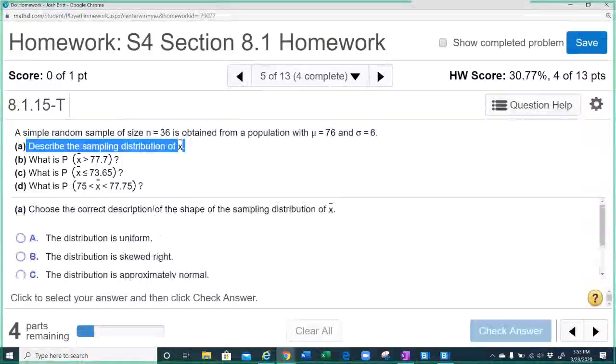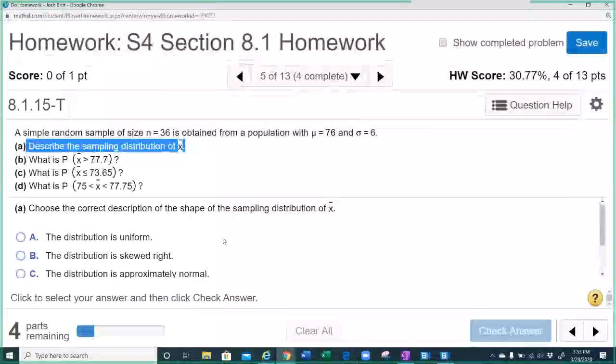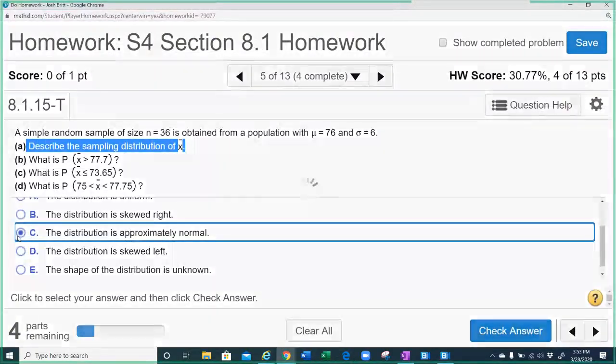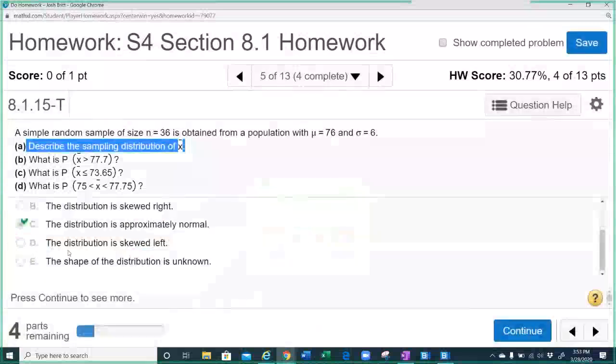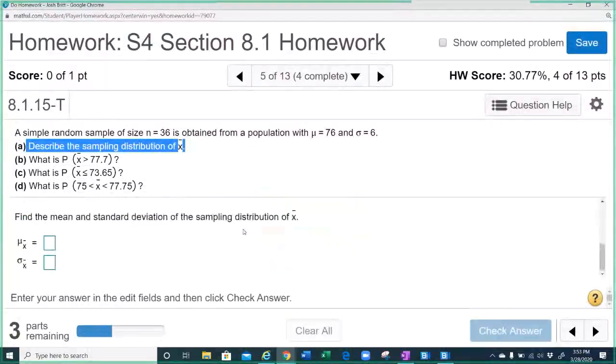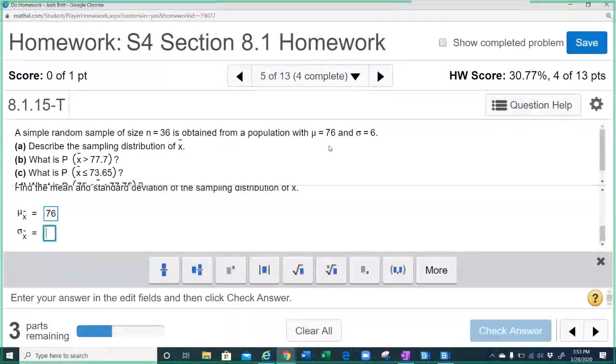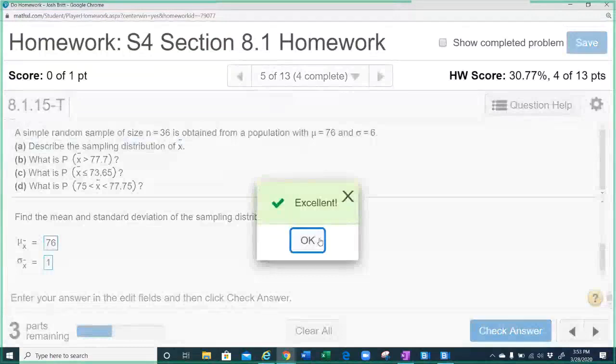And the distribution of the sampling distribution of x bar is always going to be approximately normal. All right. And now the mean again is 76. Standard deviation is 6 over square root 36. Well, 6 divided by the square root of 36, which is 6, is just 1. So that's going to be 1.